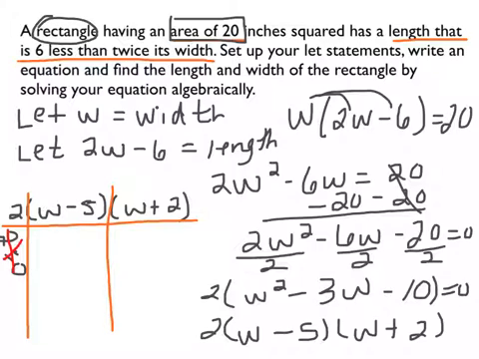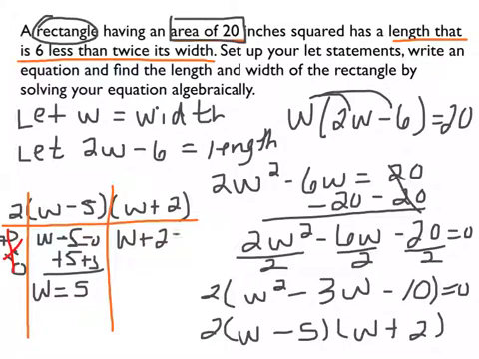In the middle, I have W minus 5 equals 0. I add 5 on both sides. I'll get W equals 5. On the right, I have W plus 2 equals 0, minus 2 on both sides.